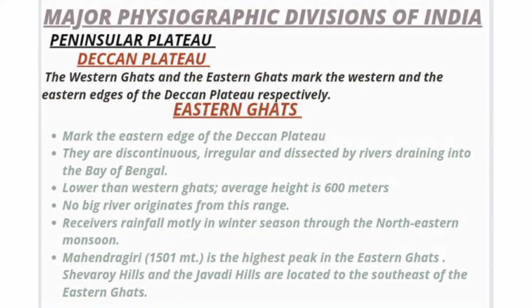It receives rainfall mostly in the winter season through the northeastern monsoon. Mahendragiri, 1501 meters, is the highest peak in Eastern Ghats. Shevaroy Hills and Javadi Hills are located to the southeast of Eastern Ghats.